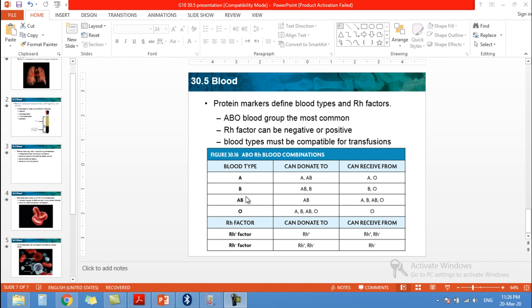So what about A? It has the marker A. B has the B marker. And AB has both markers, A and B together. And what about the O blood type? The O blood type has no markers at all.